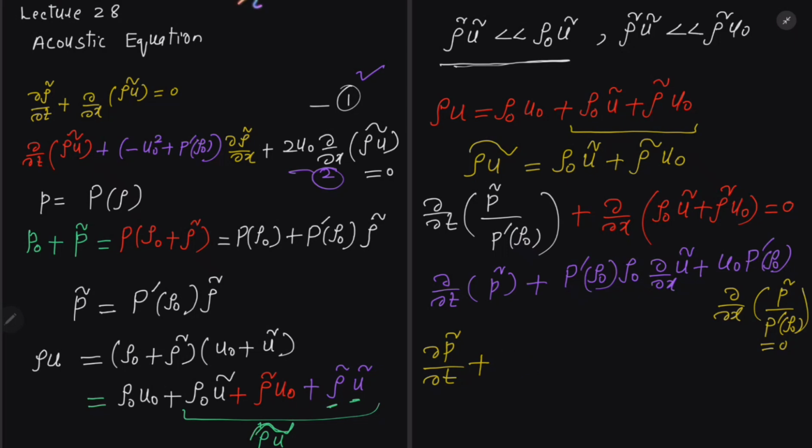Okay, so we write k naught partial u tilde by partial x plus, and remember this p dash and that p dash will be cancelled out and we get u naught partial p tilde by partial x is equal to 0.